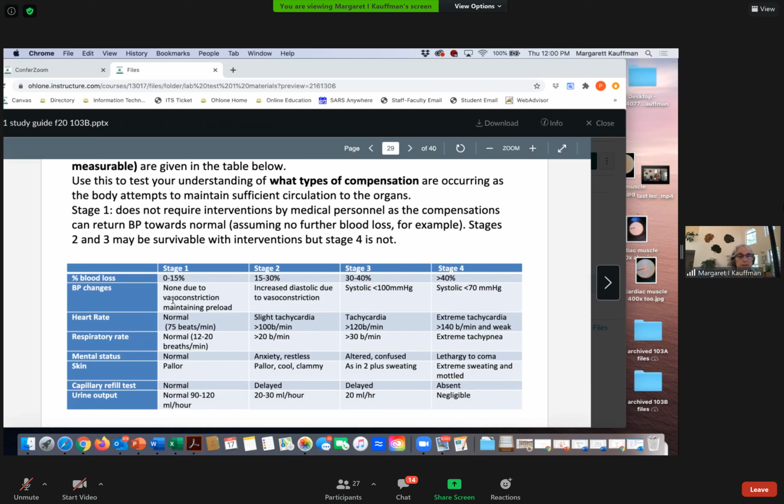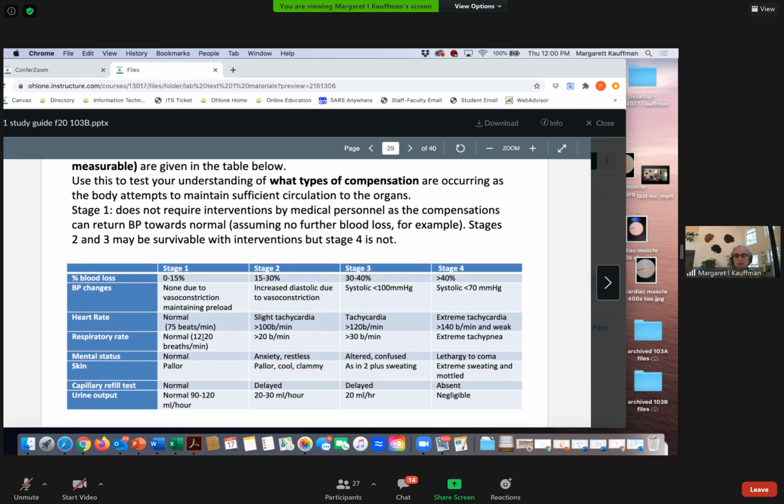So for example, in stage 1, you see a drop in blood pressure, but that drop in blood pressure can be compensated by vasoconstriction. So even though this is somebody who's normally compensating by doing vasoconstriction to raise their venous return back up, they will show potentially even a normal heart rate or maybe a little higher.